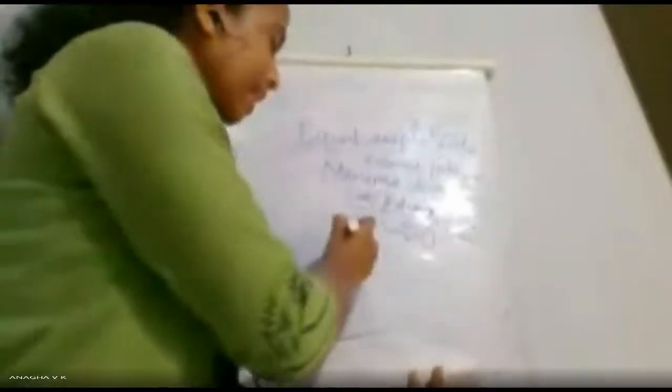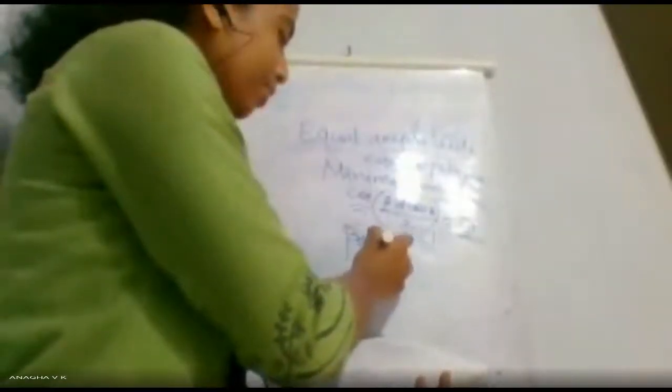Where does minima occur? The minima occurs when cos(beta d cos theta by 2) equals 0. So when this cos value is equal to 0, what will be this term, beta d cos theta by 2?